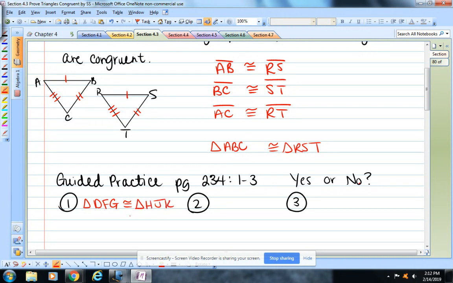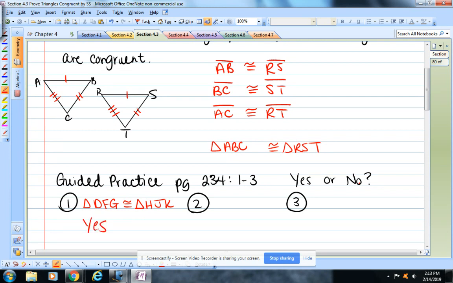So that means the segments have to match up according to the picture. So on the picture, does it show that segment DF is congruent to segment HJ? Yes. Does it show that FG is congruent to JK? Do they have the same amount of tick marks? And does it show that DG is congruent to HK? Yes.